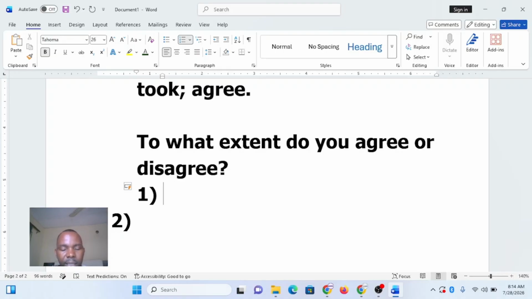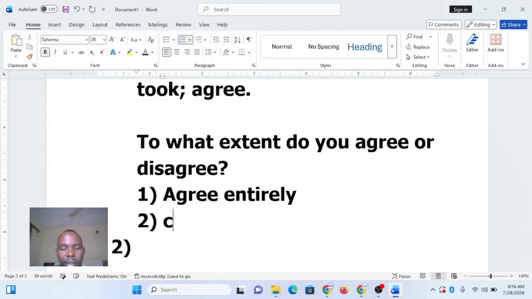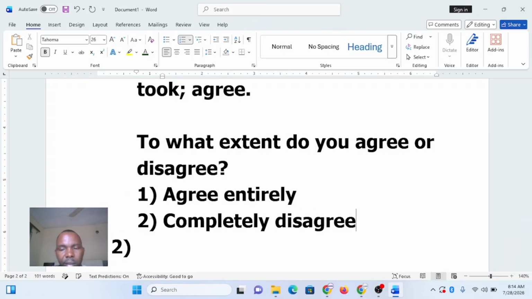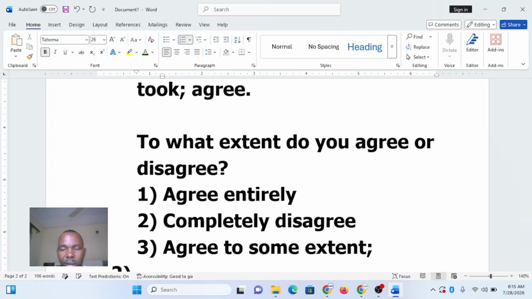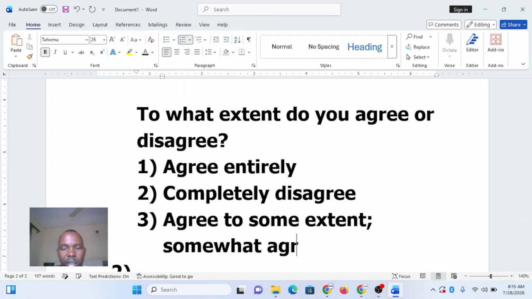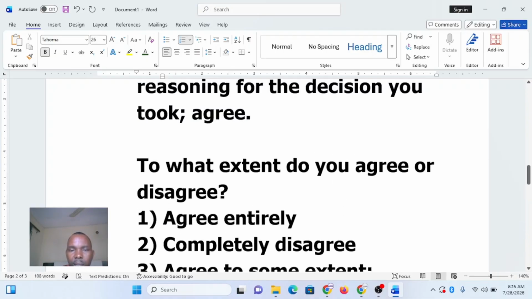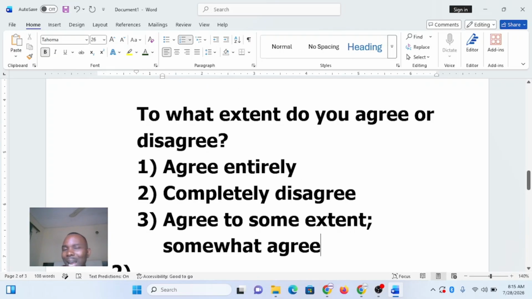You can agree entirely, you can completely disagree, and then you can agree to some extent or somewhat agree. So these are 3 possible answer choices. So you can look at the question and say, oh, I agree entirely.